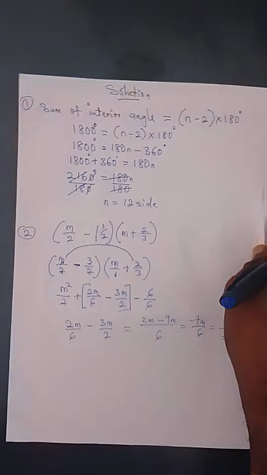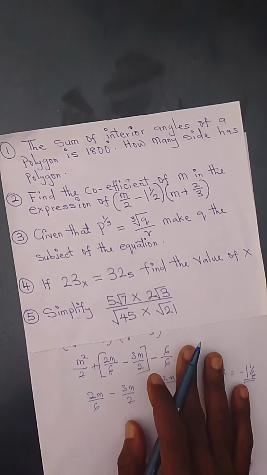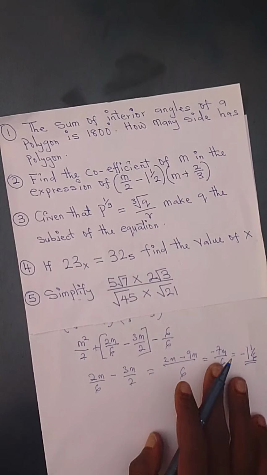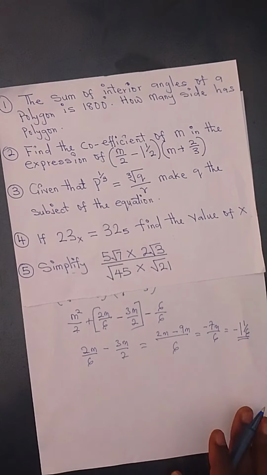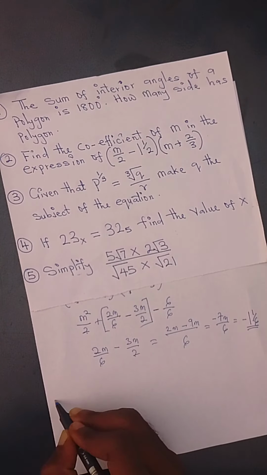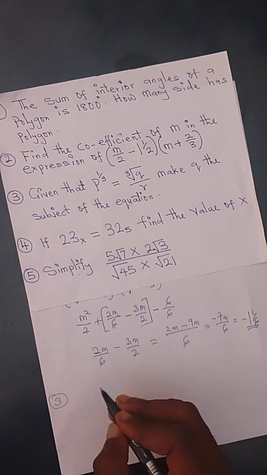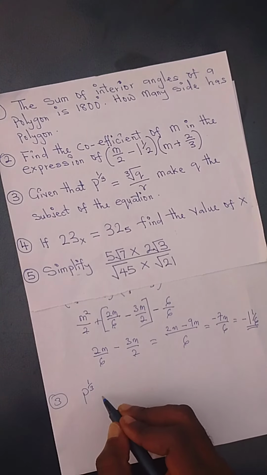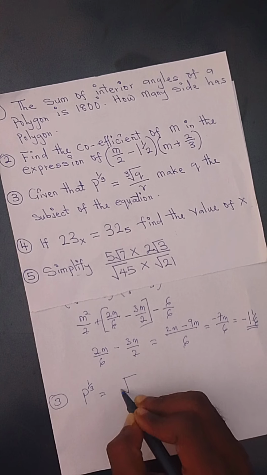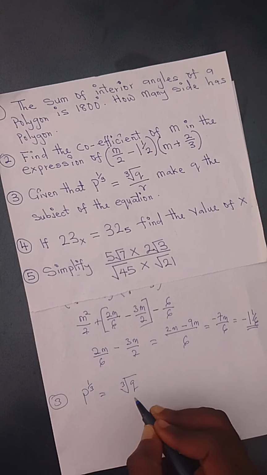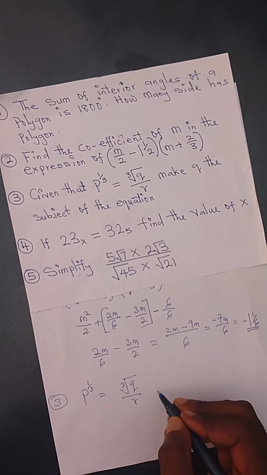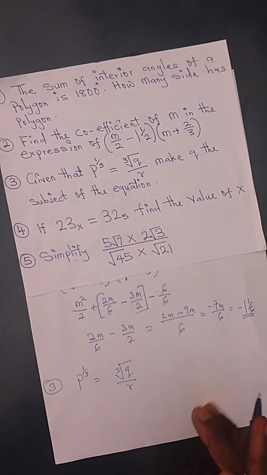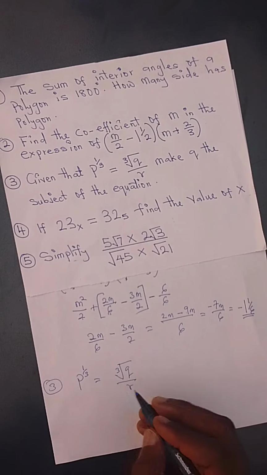So now let's take the third question we have there. Given that p raised to power 1 all over 3 is equal to cube root of q all over r, make letter q the subject of the equation.